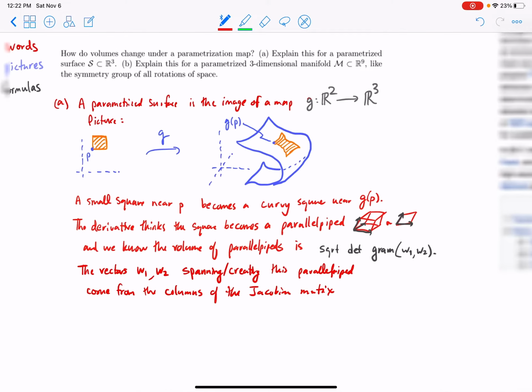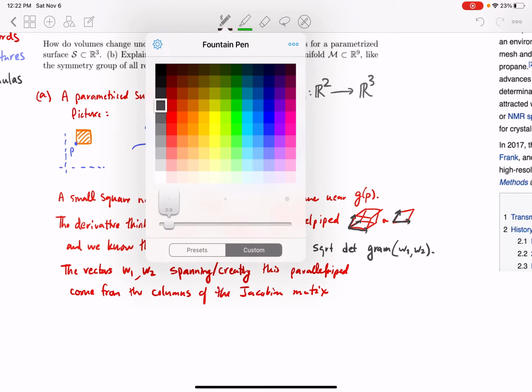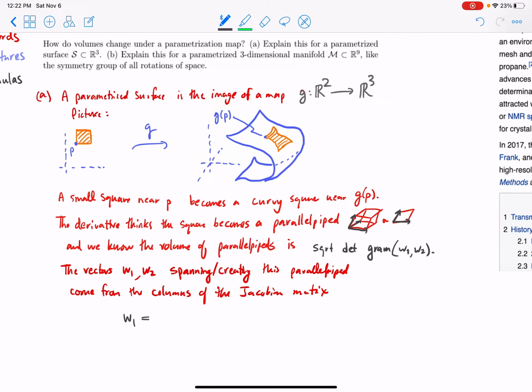Let's call them, we could name them anything we want. Let's say W1 is dg at P applied to E1, and W2 is dg at P applied to E2, okay?